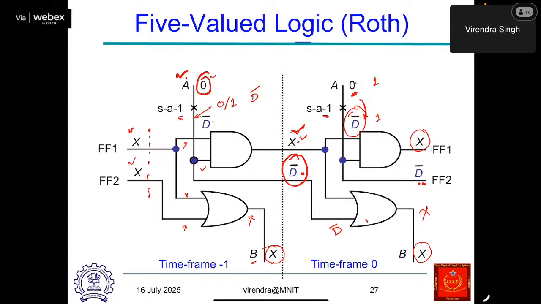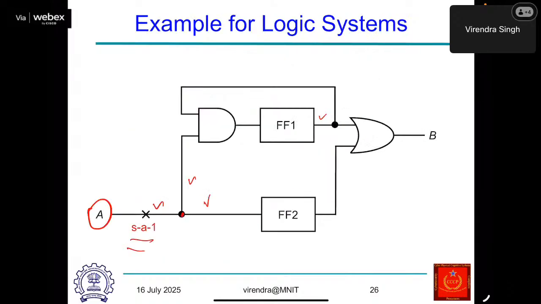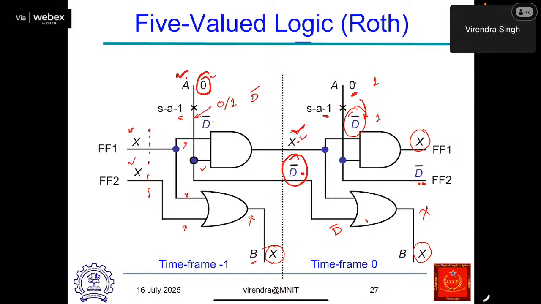So in that case, there is some shortcoming with the logic that we are using, which is the five valued logic. In five valued logic, what we were doing is adding all these possibilities, wherein whether the fault free or faulty input is X, we are clubbing them all together and making one symbol, that is X. Perhaps that is what is creating the problem.